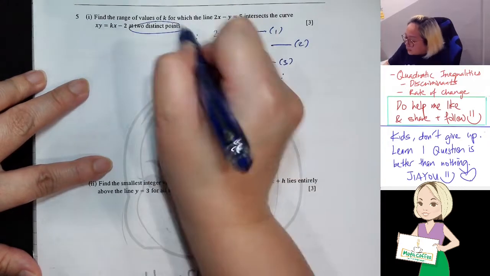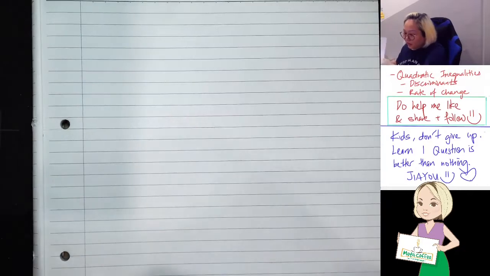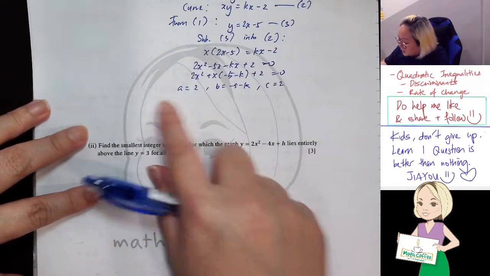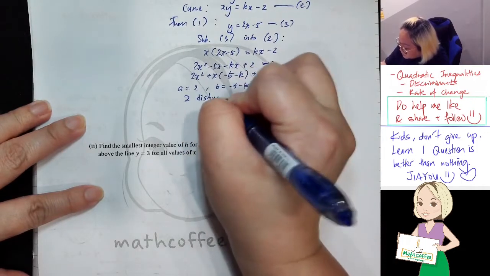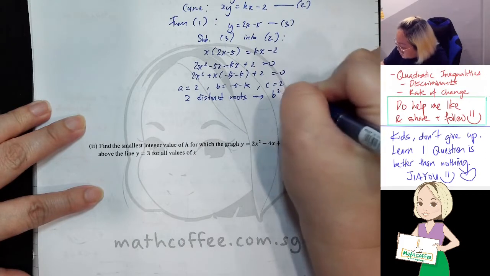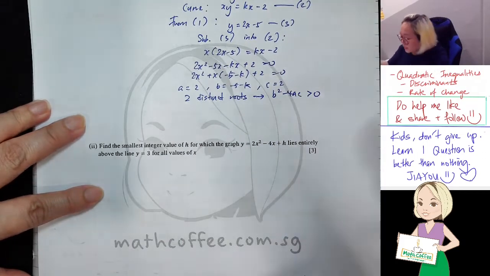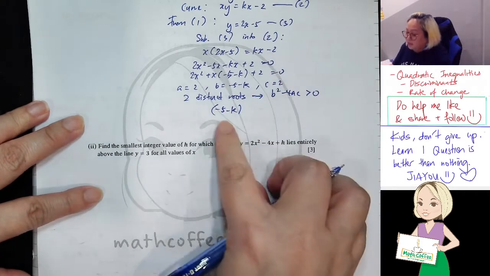This time round, they tell me it is 2 distinct roots. So it will be 2 distinct roots. My discriminant is more than 0. So let's solve it. So minus 5 minus k. See, this one got both minus.